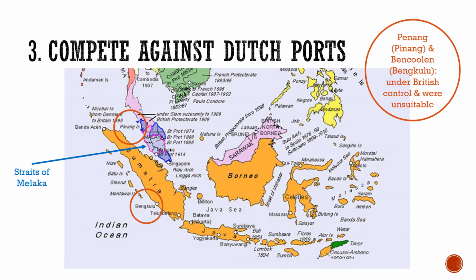Okay, so if you look at the orange part, Penang is there. This is a very old map, so the spelling is a bit different. Penang is on top of Malaysia, whereas Bencoolen or Bengkulu was at the bottom of Sumatra, at the bottom of Indonesia. So if a country is coming from India and wants to go towards China on the top here, which route is shorter?